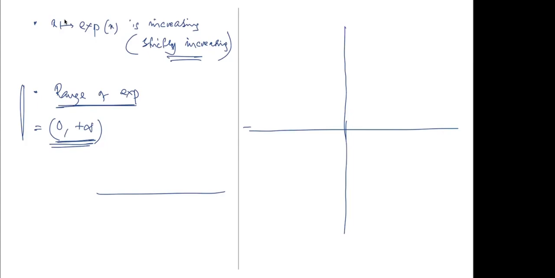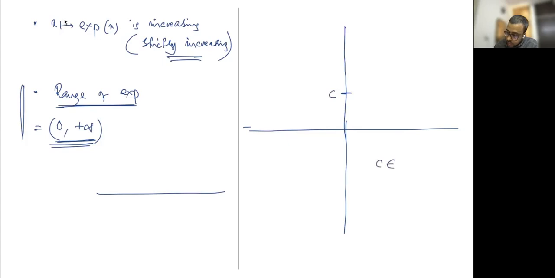Use the intermediate value theorem. Right. So what we want to show is that we take some c between 0 and infinity, so some positive real. We want to show that there is a point where it takes this value.